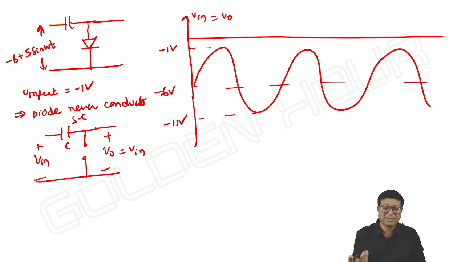Input and output are the same in this case, because the input peak amplitude is always negative. As long as the diode is not experiencing any positive voltage, the diode never conducts. As long as the diode is not conducting, the capacitor cannot charge. The capacitor is not charging, which means with zero initial conditions it acts as a short circuit and output is equal to input. That's it. Please do remember this.